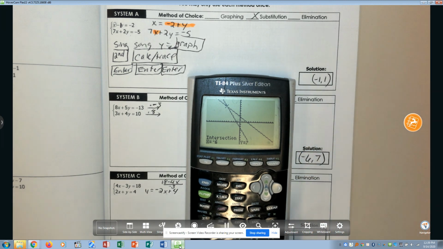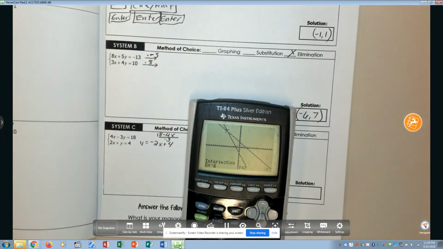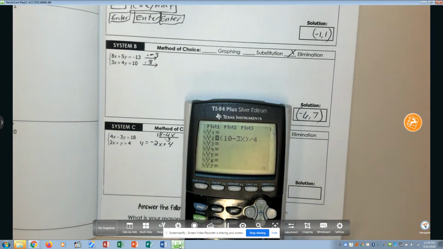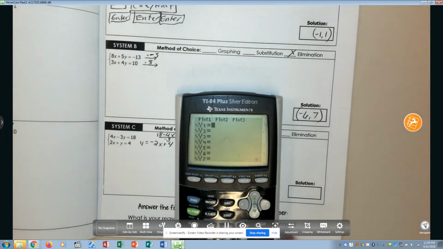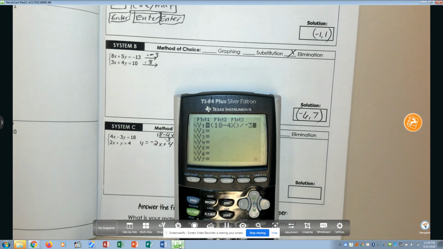Okay, next one. Get rid of what's in there. Subtract the x term and divide by the coefficient of y. Remember, this is a -3 because that subtraction stinks.